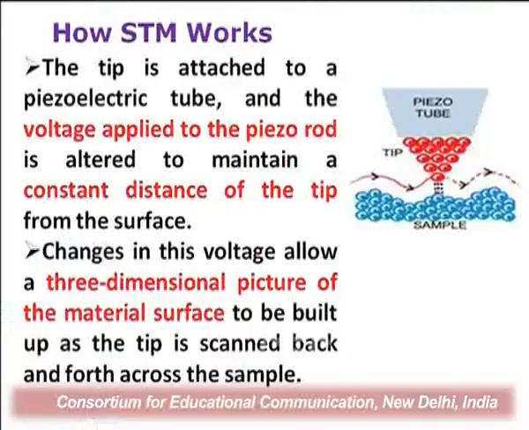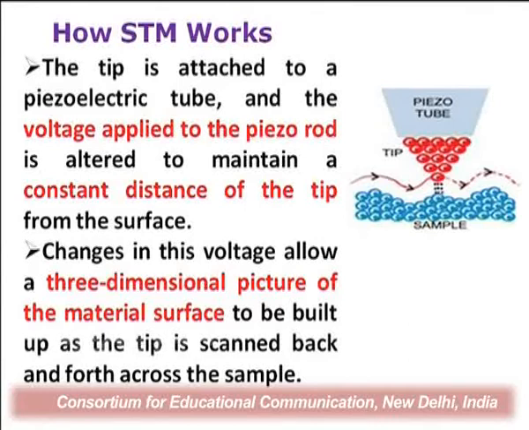The tip is attached to a piezoelectric tube. A new word here is piezoelectric tube. This piezoelectric tube is attached just above the tip, and it is adjusted by the voltage applied to the piezo rod, which is altered to maintain a constant distance of the tip from the surface.